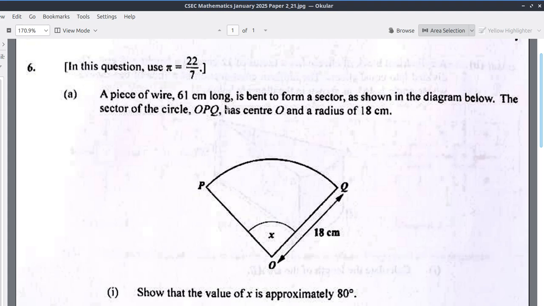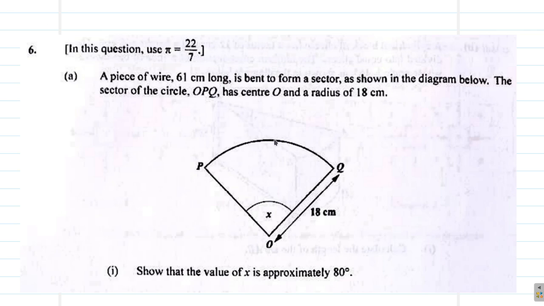A piece of wire 61 centimeters long is bent to form a sector. By the way, I had copied it over here. So it's bent to form a sector. You bend the wire, and the entire wire is all of this sector, as shown in the diagram below.